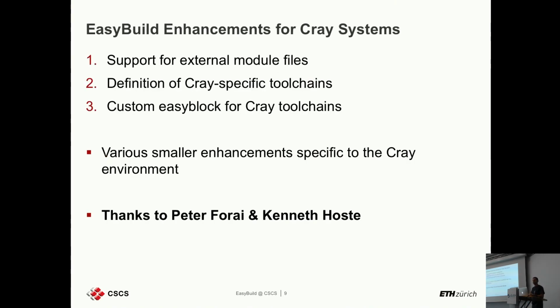So the first thing that we had to do is to support external module files. EasyBuild generally creates all the module files, and if it's not provided by EasyBuild, it cannot reuse it. So this was implemented. Then they defined the Cray-specific toolchains and the EasyBlock for the toolchains. A big thanks to Petar and Kenneth again for this work.